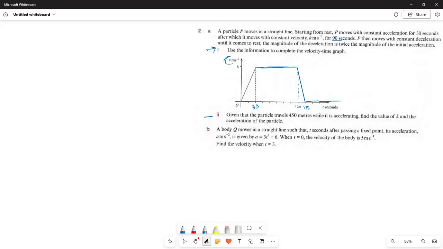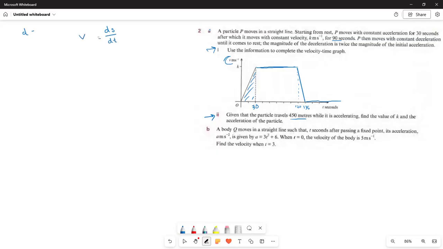Now, part two says that given the particle travels 450 meters while it was accelerating, find the value of k. This is the region in which it was accelerating. Remember that the derivative of the distance, which I call s, is speed.